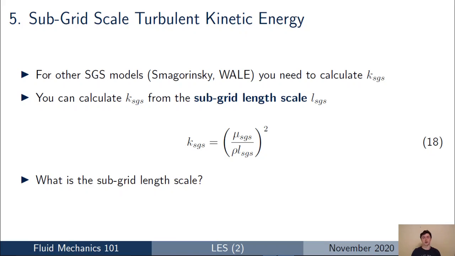So if you go looking into the literature and trying to find out how to calculate the subgrid scale turbulent kinetic energy, a lot of sources will tell you that you need to calculate it from the subgrid scale length scale. But what does this physically mean? We can use equation 18 to get K directly from the subgrid length scale, L SGS, but what actually is the subgrid length scale and what does it physically mean?